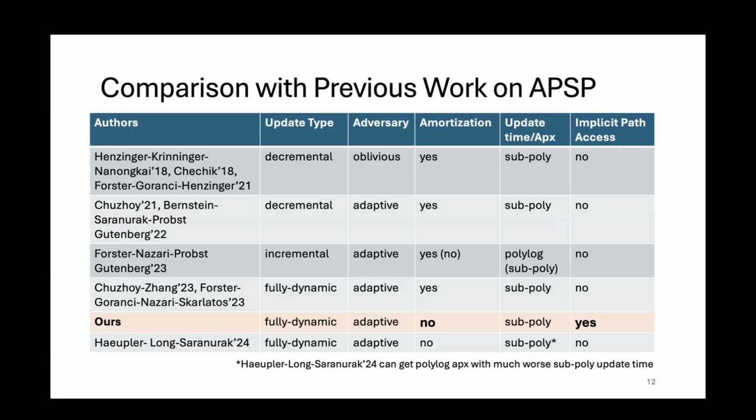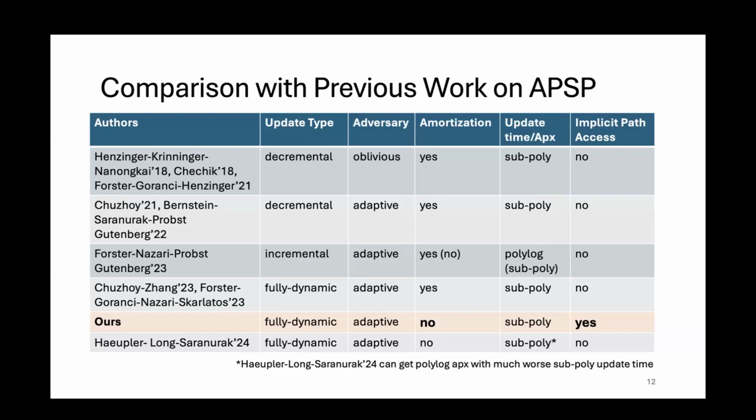This means that the graph only receives edge deletions and that the algorithm is randomized, and the adversary crucially can't know the answers of the data structures before making up their mind for the next query. The algorithm is further amortized and the update time is subpolynomial.